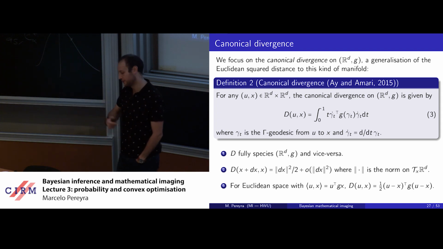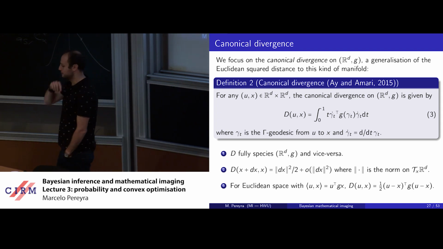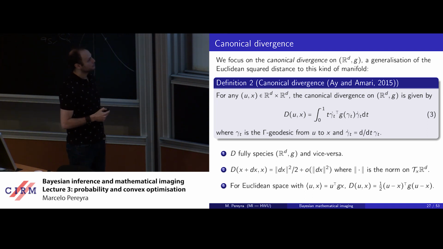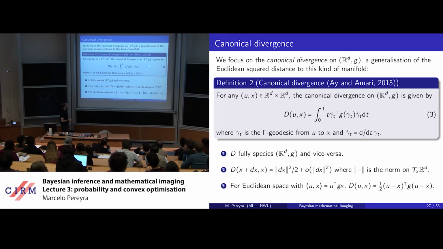So although you can define any divergence you want, there is one that is a bit special. For each Riemannian manifold, once you specify G, you get one specific divergence called the canonical divergence that verifies this integral. And it is canonical because if I give you G, D is automatically defined.